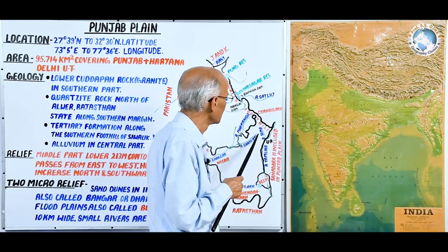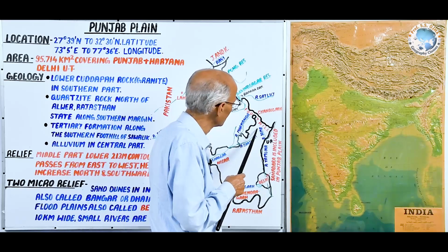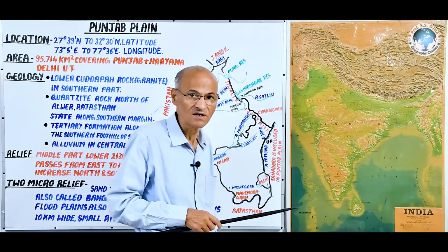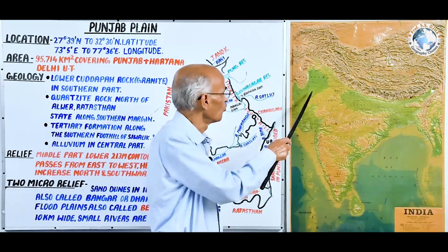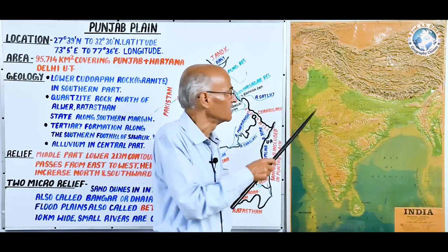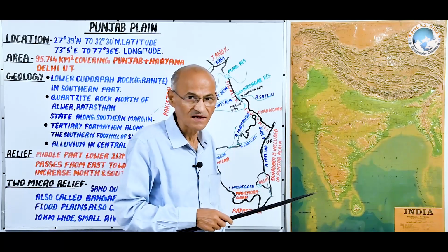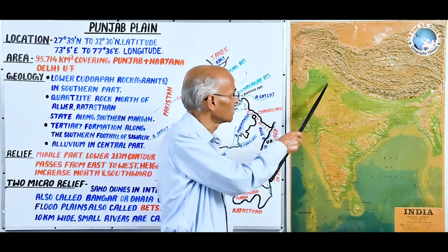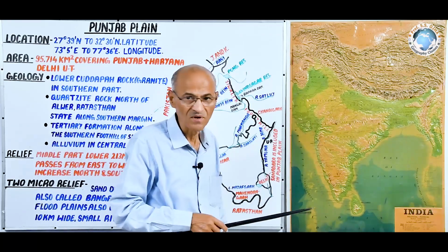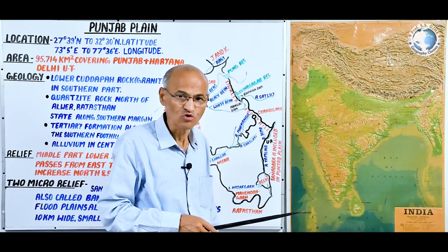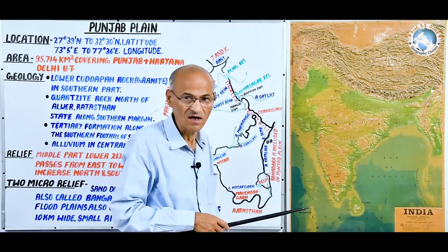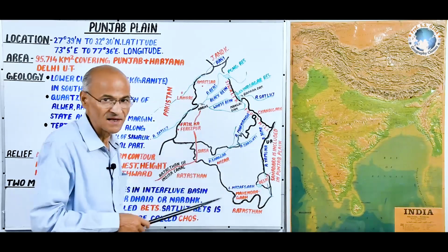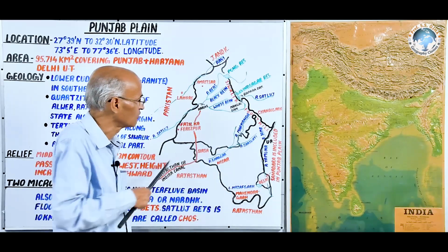Its right hand tributary is river Somb, and if there is a question whether the water of a river in Punjab or Satluj plain reaches the Arabian Sea or the Bay of Bengal, then to generalize, a student will answer that the general slope of Punjab plain is from northeast to southwest.